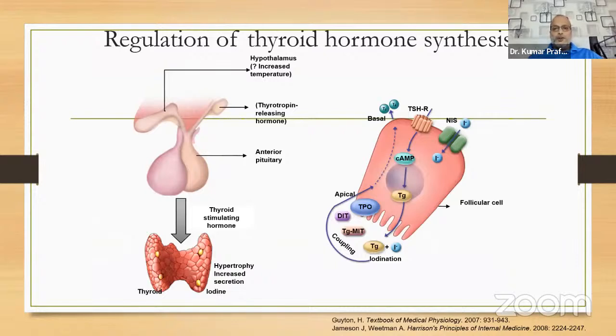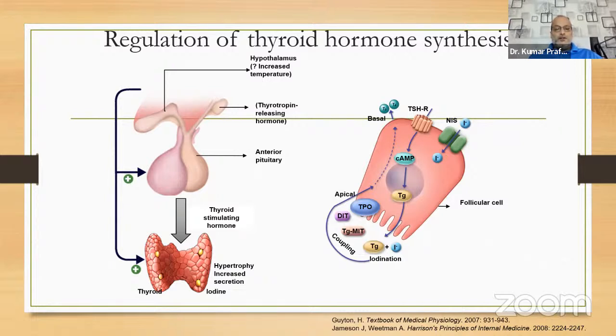Before we talk about interpretation of thyroid function test, a little bit of recap of the physiology, how thyroid hormone synthesis is regulated. From the hypothalamus, thyrotropin releasing hormone is released. It goes to the pituitary, and in the pituitary, thyroid stimulating hormone is released, and this gives positive stimulation to the thyroid gland from where thyroid hormones are released.